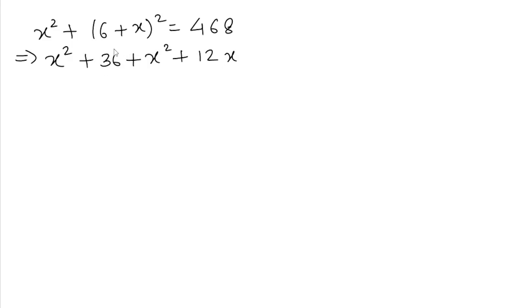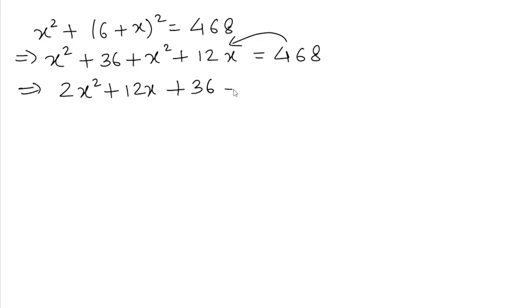This is a square plus b square plus 2ab, equal to 468. Then x square and x square we can combine, and this will become 2x square. 12x we can write as it is. 468 we are going to take to the other side and this will become minus 468.